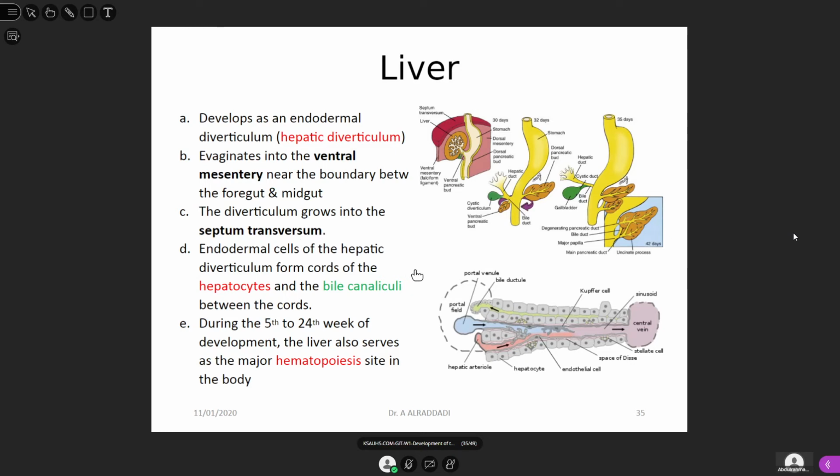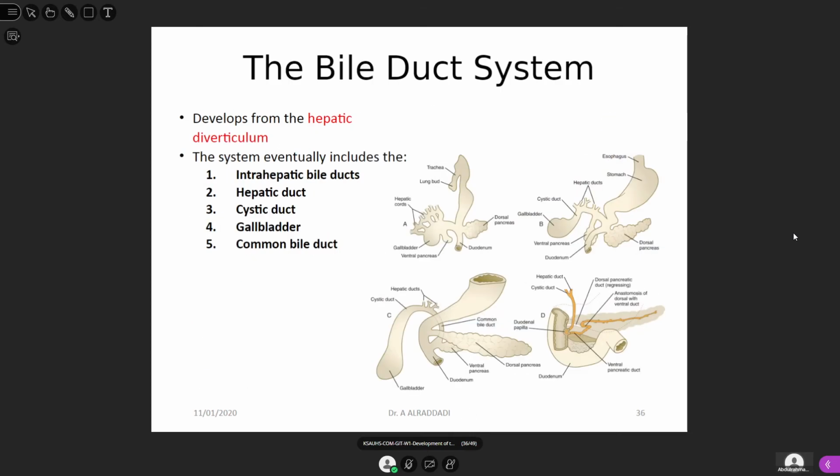The endodermal cells of the hepatic diverticulum will form cords of hepatocytes and the bile canaliculi. And during the 5th to 24th week of development, the liver will work as the hematopoietic site of the body that provides the blood cells.